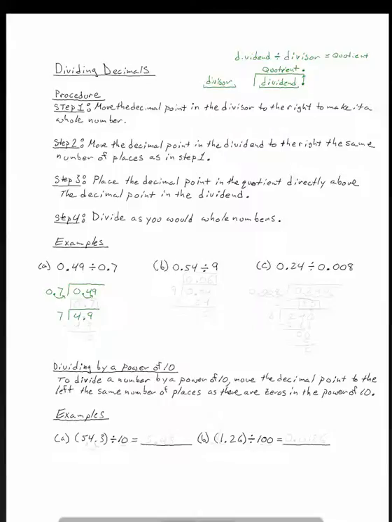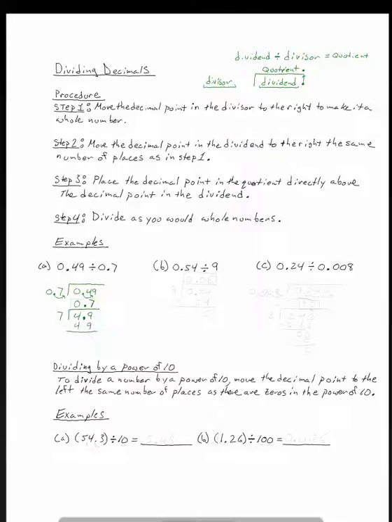Now we proceed, so we're going to move the decimal point in our dividend up into our quotient. Now we say 7 goes into 4 0 times. 7 goes into 49 7 times. 7 times 7 is 49.